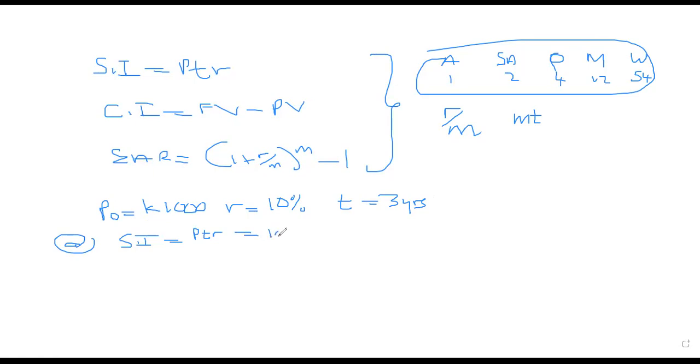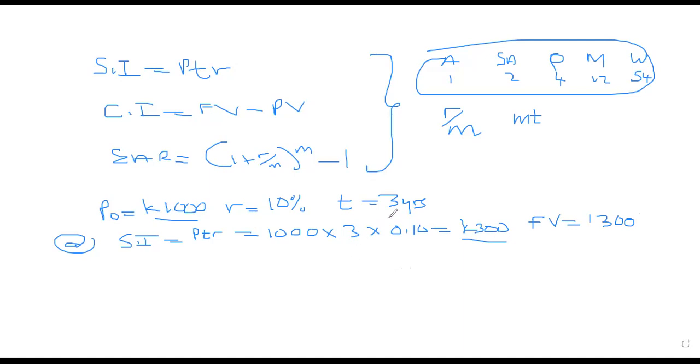The principal is 1,000, the time is 3 years, and the interest rate is 10%. Computing this gives us an interest of 300 kwacha, meaning the future value will be 1,300, because on the 1,000 we had, we have earned an interest of 300 kwacha.